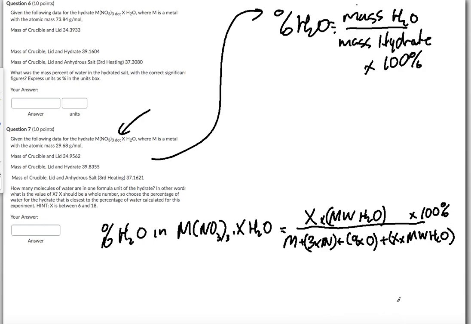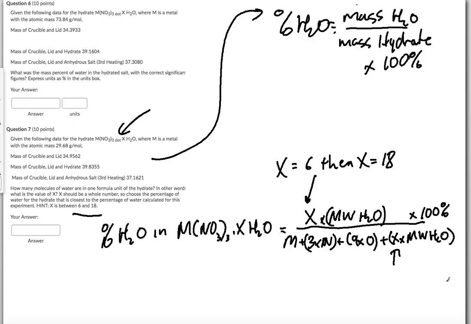So I guess your next question is going to be, well, what do you do for x? Well, you're given a hint here. You're told that x is between 6 and 18. So what I would do is I would plug in the value of 6 and 18 down here as well and figure out what percentage that is. So this is x equals 6, then x equals 18.